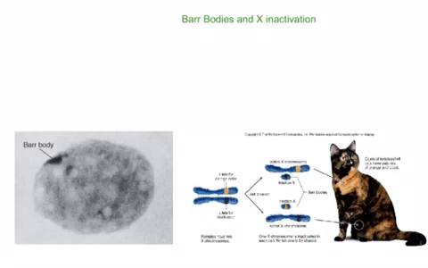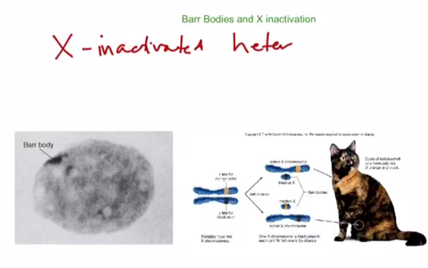So the X chromosome that's inactivated gets wrapped in something and ends up in a structure called heterochromatin. So it gets packaged into this heterochromatin, which means it's transcriptionally inactive. It can't carry out transcription.